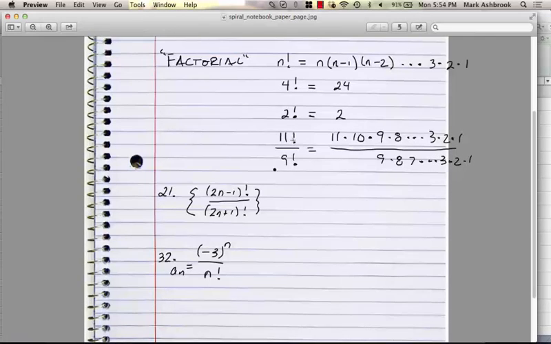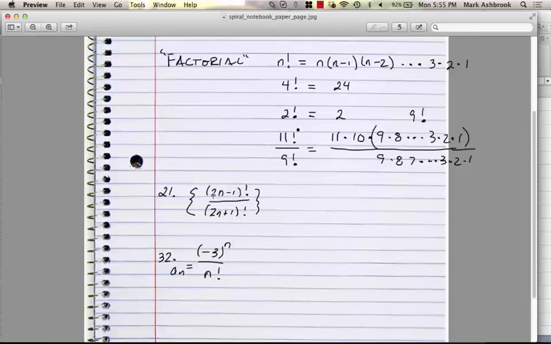So what happens with these is, in this case, 11 factorial has 9 factorial as part of it, right? Here it is, it's right here. It's hidden in there, like the tail. This is 9 factorial, hidden within 11 factorial.